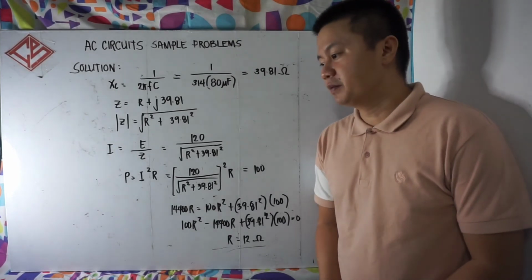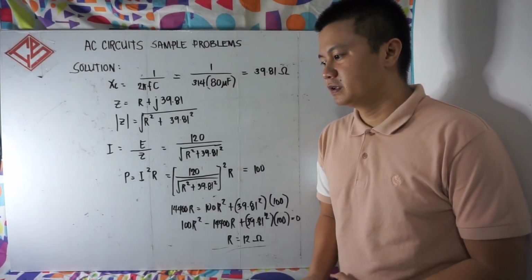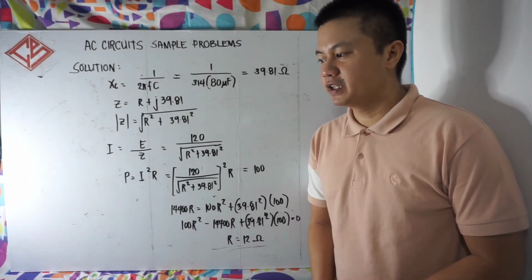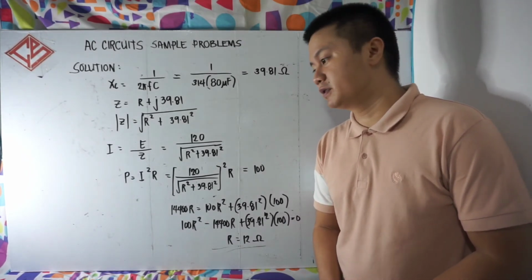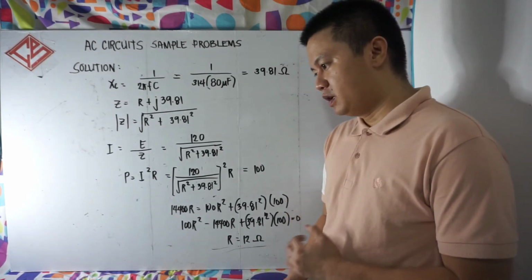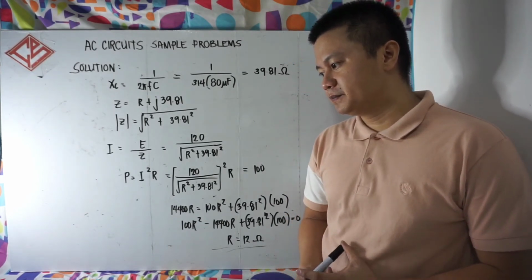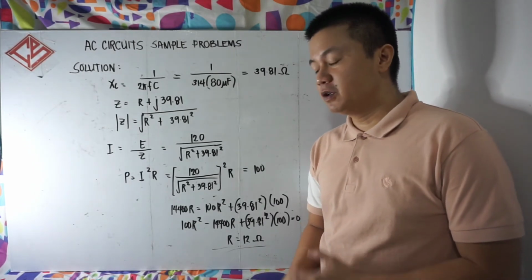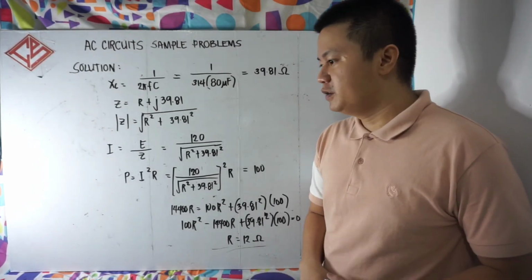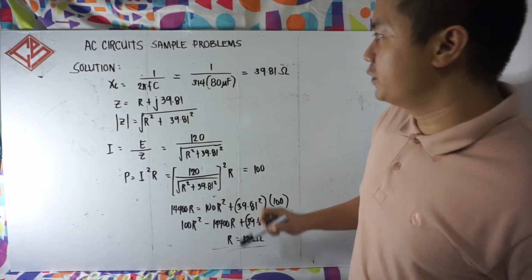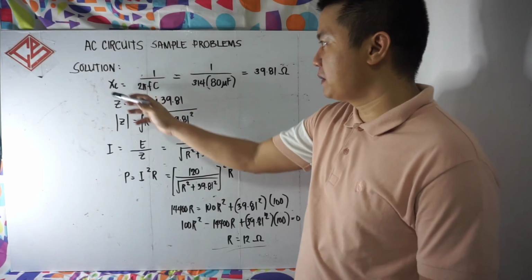For this problem, we are given an 80 microfarad capacitor connected across a 120 volt 50 hertz source. So we're asked to find the value of the adjustable or variable resistor R, in which our power is 100 watts. So first we get the XC, or the capacitive reactance.